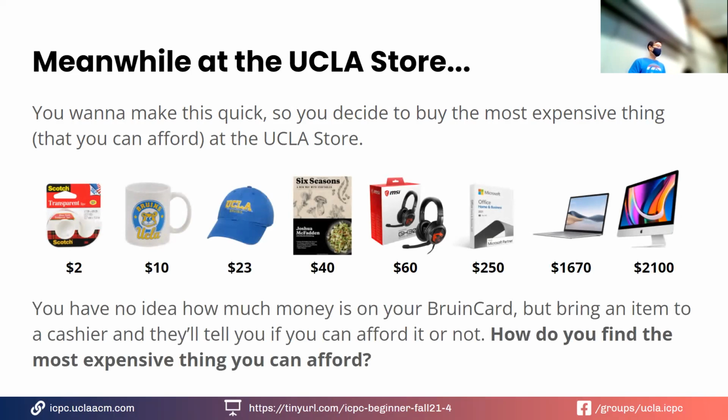You have no idea how much money is in your Bruin card, but if you bring an item to the cashier along with your Bruin card, they'll tell you if you can afford it or not. And so how do you find the most expensive thing that you can afford? Do you guys want any time to think about this problem? Or you're already coming up with solutions in your head?